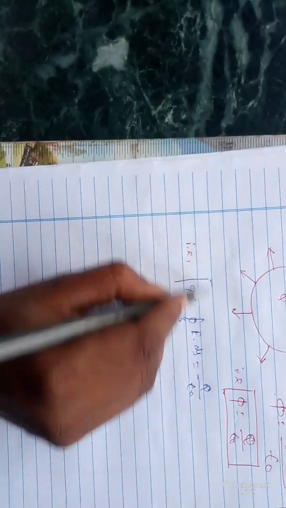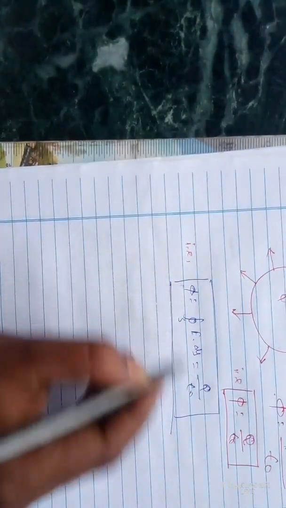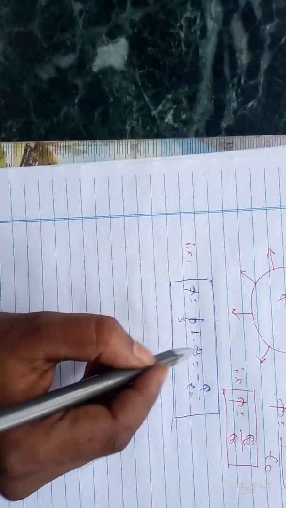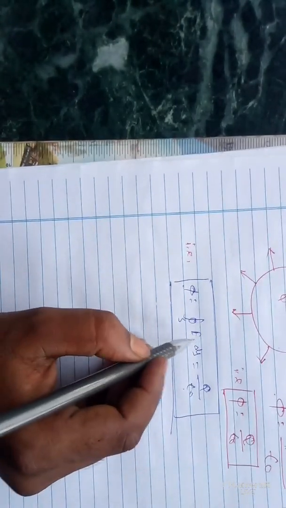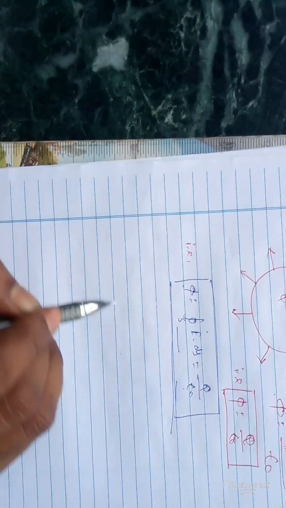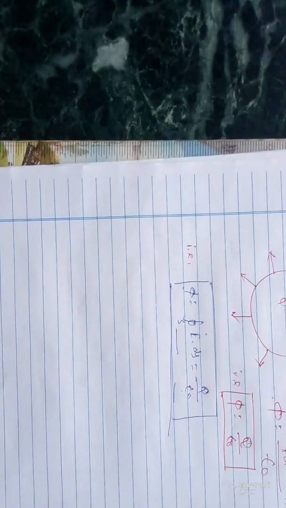When we are required to calculate phi, we take phi and q by epsilon naught. When we are required to calculate the electric field, then we take this and this. So the mathematical expression is very important. Total normal outward flux is equal to total charge inside the surface divided by free space permittivity.